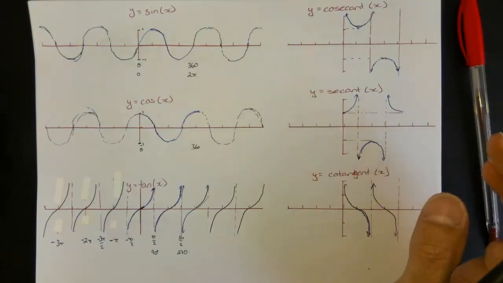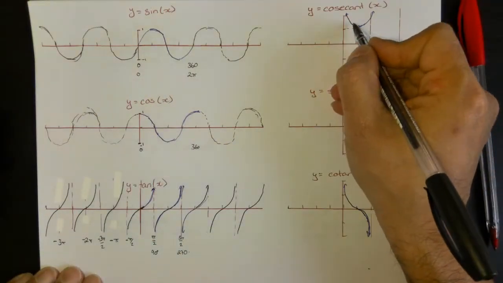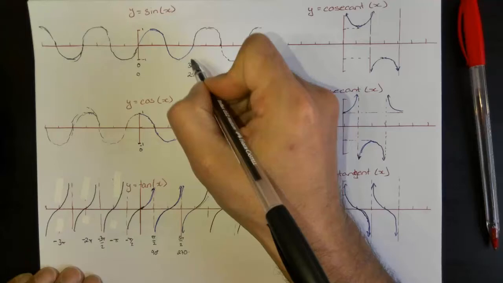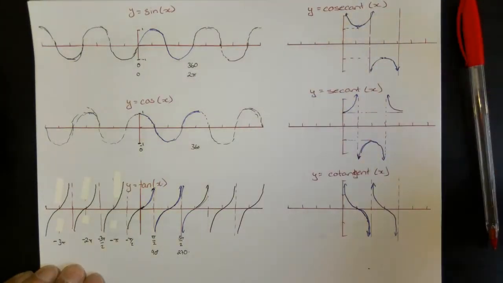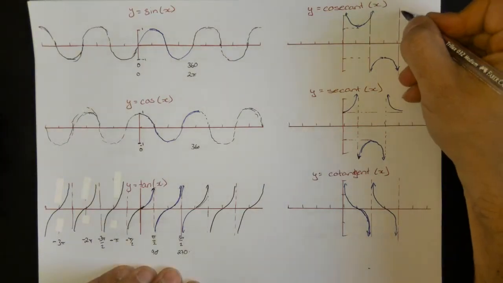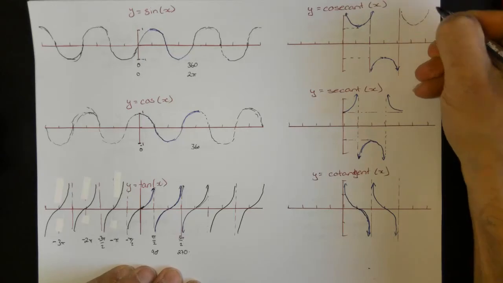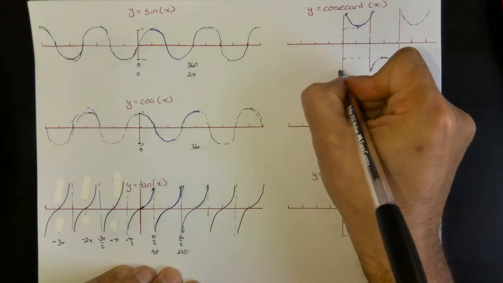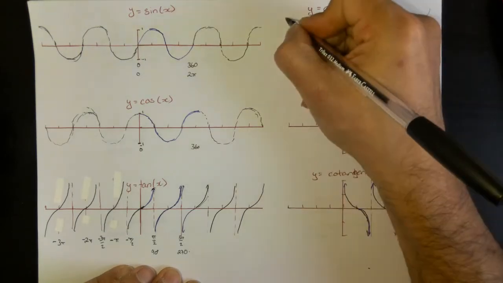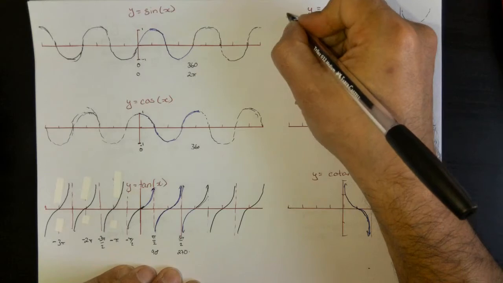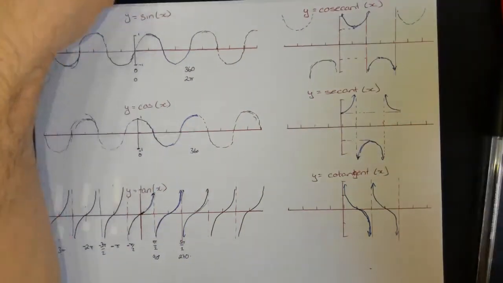Like any reciprocal, it will reflect at its maximum or minimum. So what happens is we have it repeating, and it looks like this, and it will have asymptotes at the 0 values.